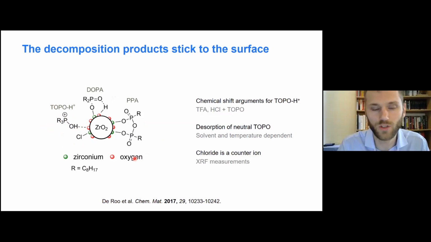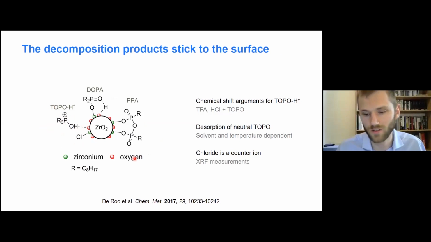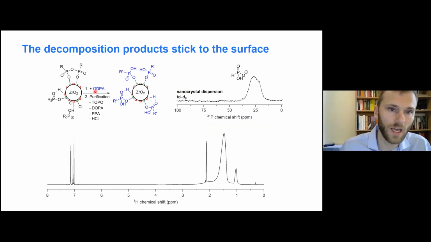We tried this with carboxylic acids, and that works to some extent, but the best results we get when we use other phosphonic acids, like octadecyl phosphonic acid. So when we add ODPA, octadecyl phosphonic acid, we are able to displace all the original ligands. So that HCl is gone, TOPO is gone, dioctyl phosphinic acid and the anhydride, it's all gone.